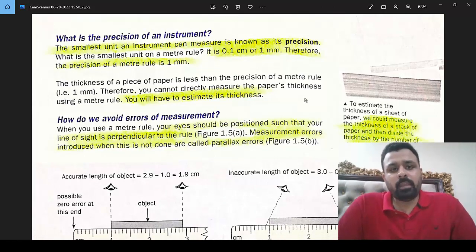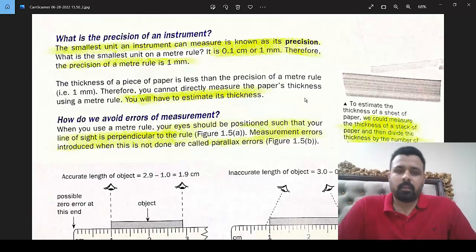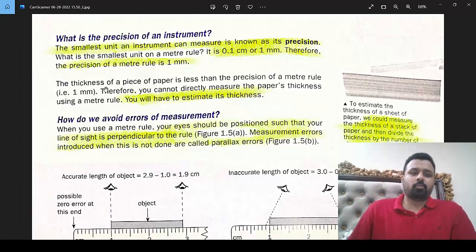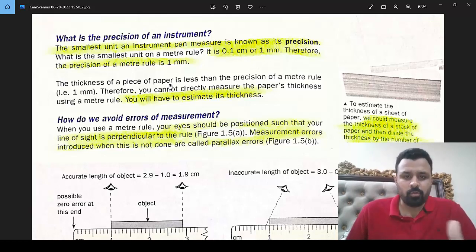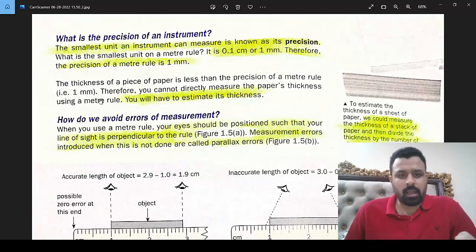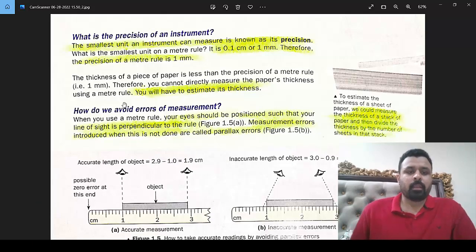If we want to measure smaller values, then we use a different instrument for this. For example, if you want to measure the thickness of a piece of paper, then we cannot use a meter rule, because it does not lie in its scale, so you cannot directly measure the paper thickness using a meter rule.